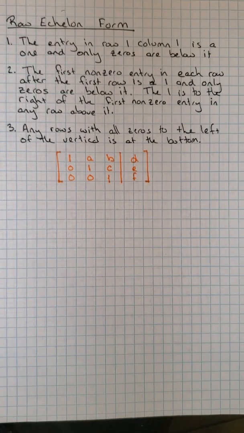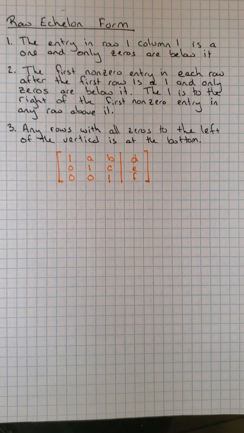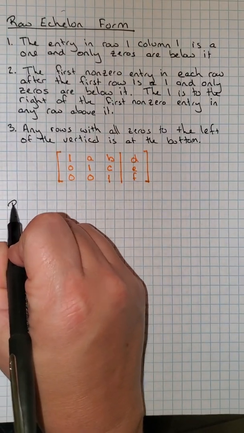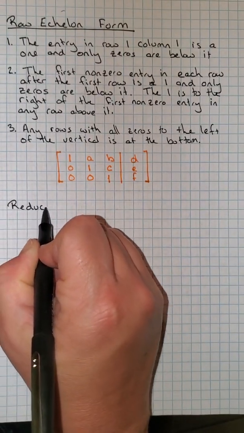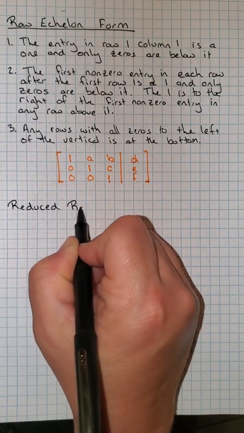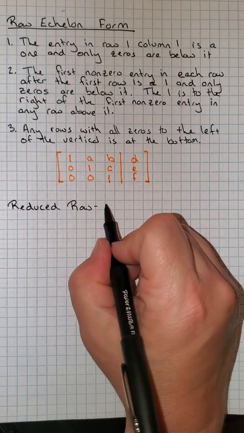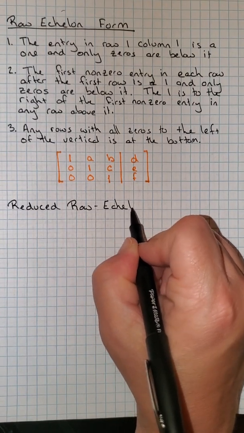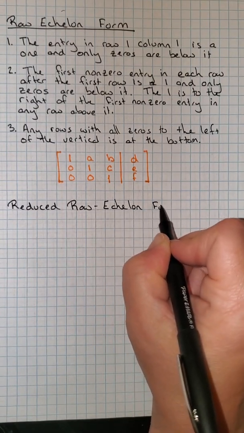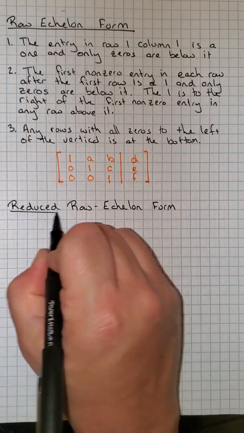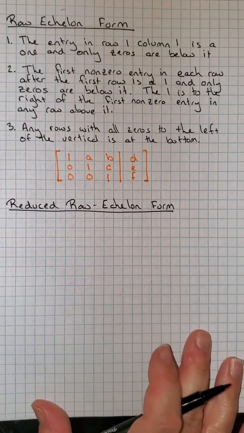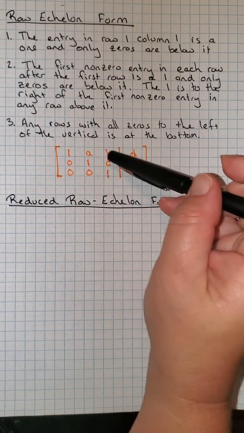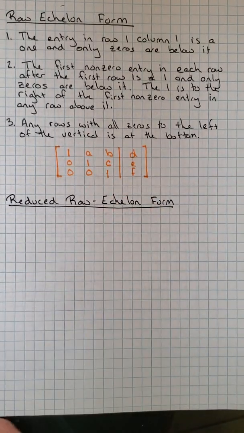There's another form which is actually more useful when it comes to solving equations, and that's reduced row echelon form. So what happens in this form, the big difference, is the numbers above the ones become 0.